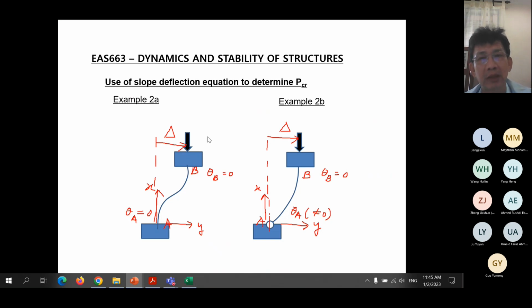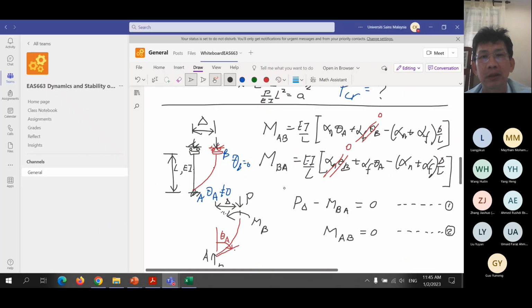Okay, so when there are end translations, there is an additional moment equilibrium equation that we need to consider. We need to consider this delta in the moment equilibrium equations. And from there, we try to find the final solutions. We can use that to look for non-trivial solutions, which is shown here.